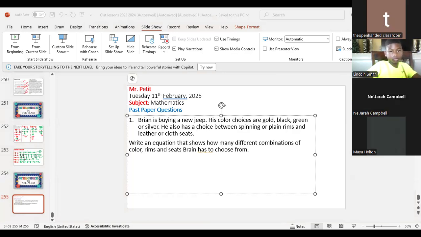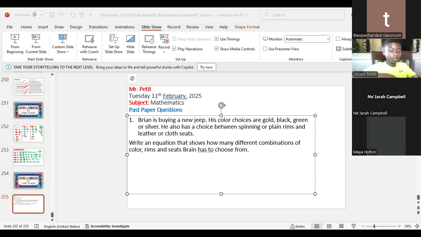Okay, go ahead, Lincoln, read the question for me, please. Brian is buying a new Jeep. His color choices are gold, black, green, or silver. He also has a choice between spinning or plain rims and leather or cloth seats. Write an equation that shows how many different combinations of color, rims, and seats Brian has to choose from. Very good.